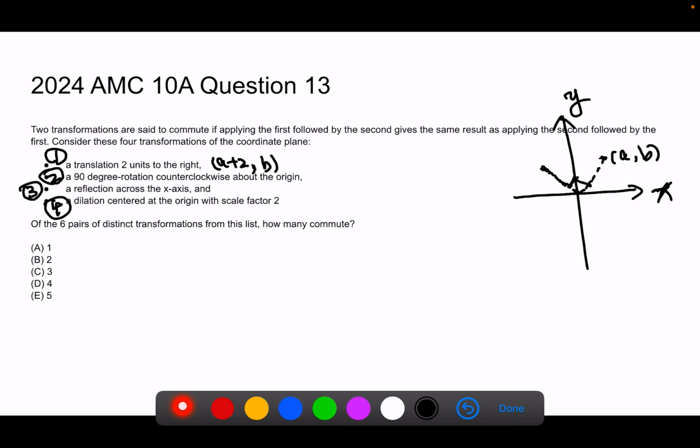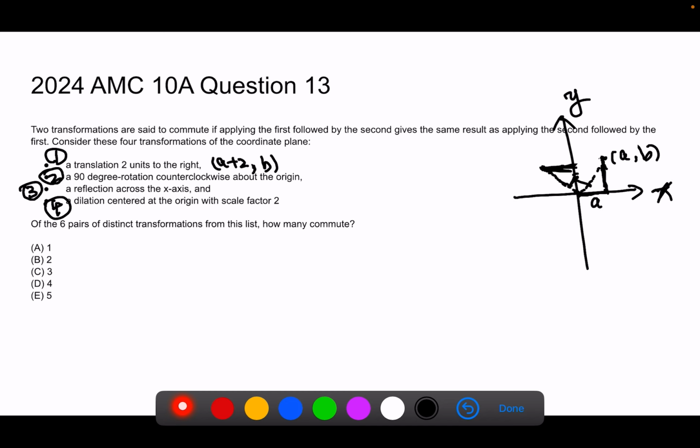What's the effect? Well, you will find this distance A is going to be the same as this. And similarly, this B is going to rotate to here.